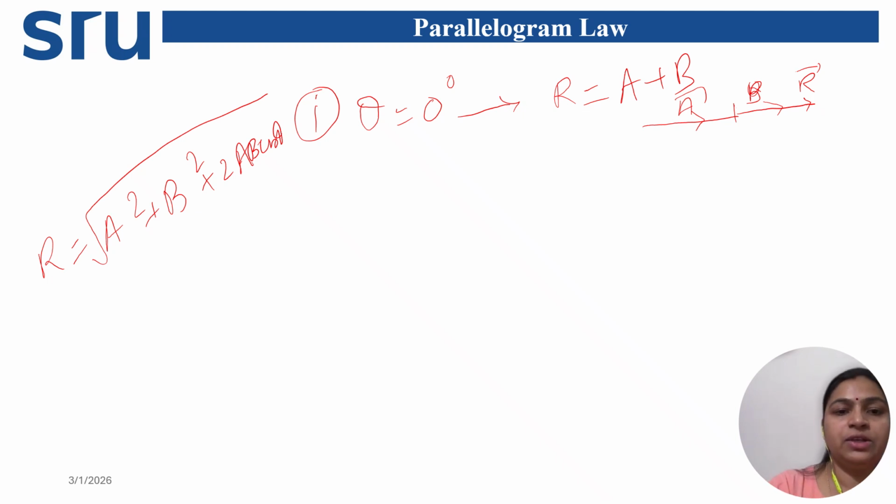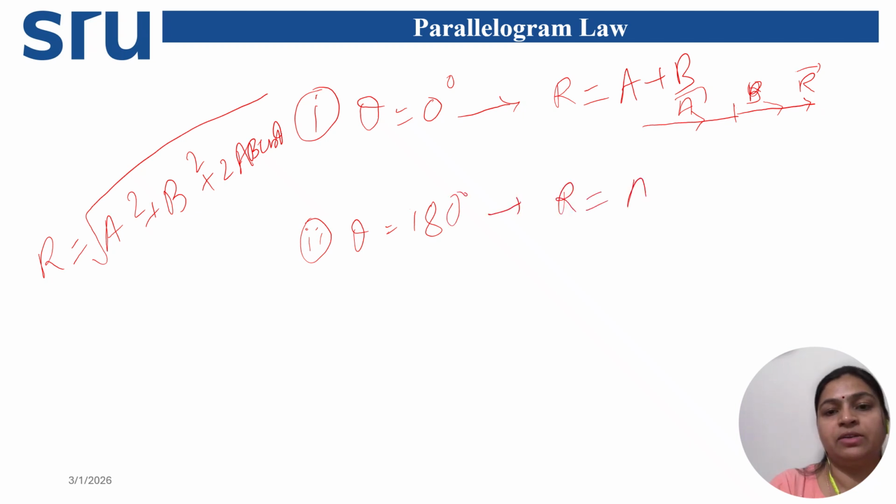Now the second situation, if theta is equal to 180, then the resultant we get is r equal to a minus b, because cos theta here will be minus 1. So r equal to a plus b means here we can say that both the vectors are collinear and in the same direction.